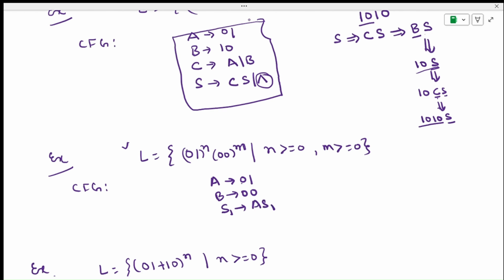Also remember that this n is greater than or equal to 0, meaning we can have 01 raised to the power 0, that will make it null. So eventually this S1 can be replaced by null.